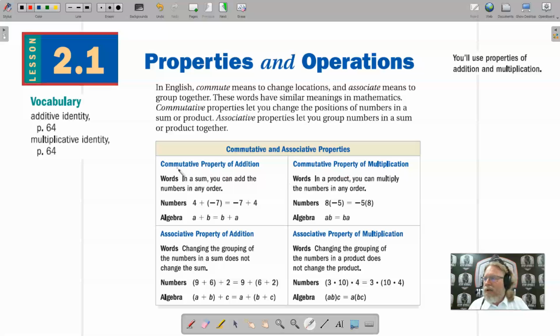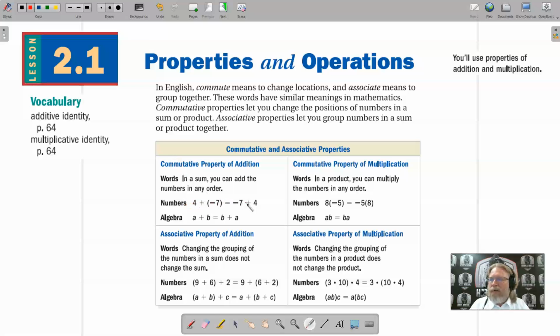So in the table here, first is the commutative property of addition, and next to it, the commutative property of multiplication. So in words, we say in a sum, when you add, you can add the numbers in any order, such as 4 plus negative 7 is equal to negative 7 plus 4. Notice that commute means to change locations. We just switched the numbers around.